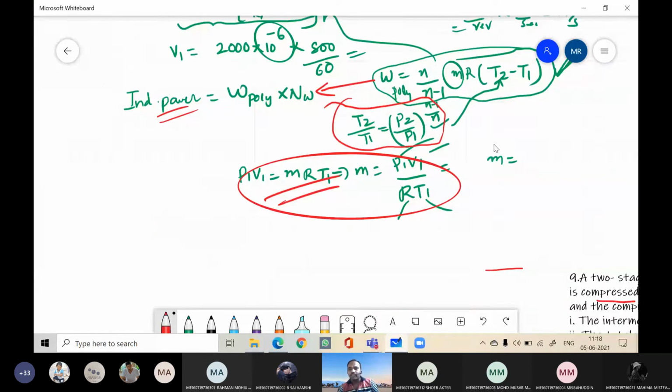It is 0.287 kilojoules per kg Kelvin, but in SI unit R is equals to 0.287 kilojoules per kg Kelvin, but I want SI unit as 287 joules per kg Kelvin. You can simplify later. It is okay?